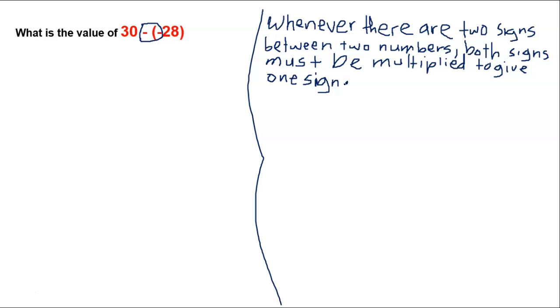Whenever there are two signs between two numbers, both signs must be multiplied to give one sign.